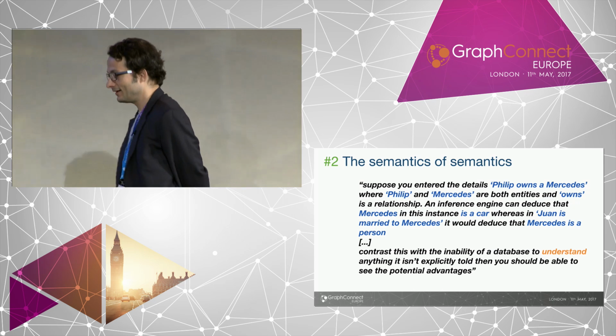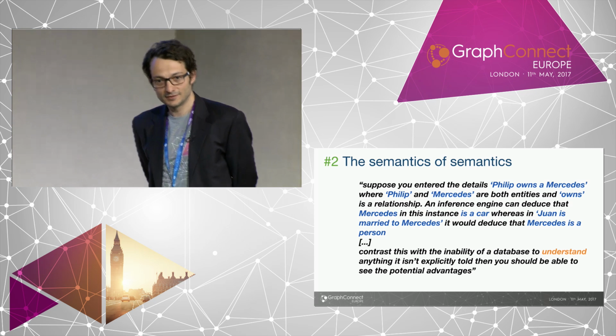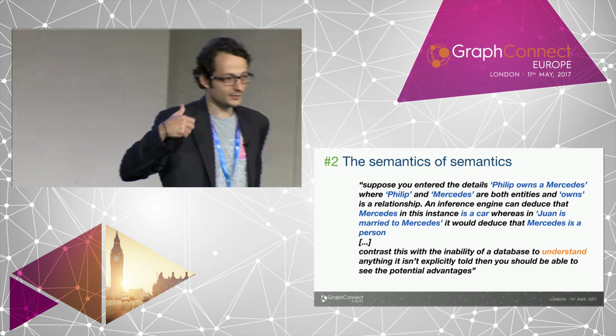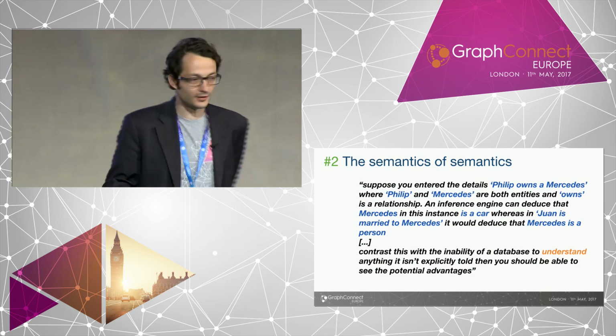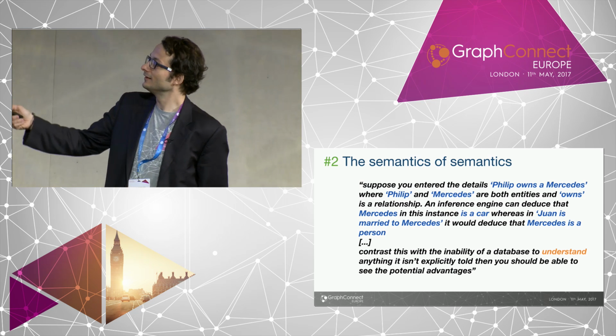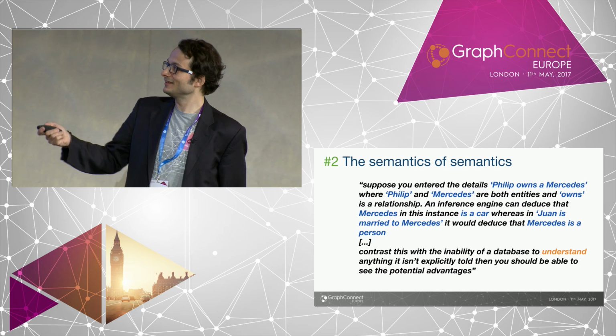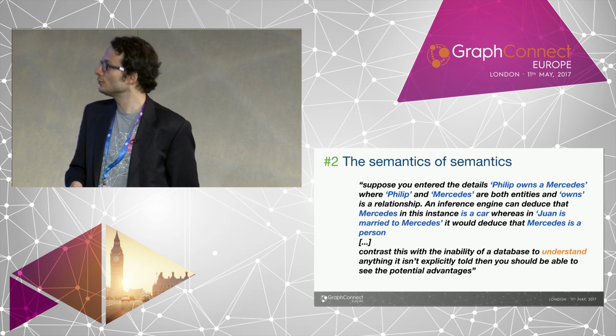It's telling me that a triple store is going to be able to figure out that one Mercedes is a person and the other Mercedes is a car, as opposed to a relational database. It takes it against databases who can't understand anything that's not explicitly told to them.